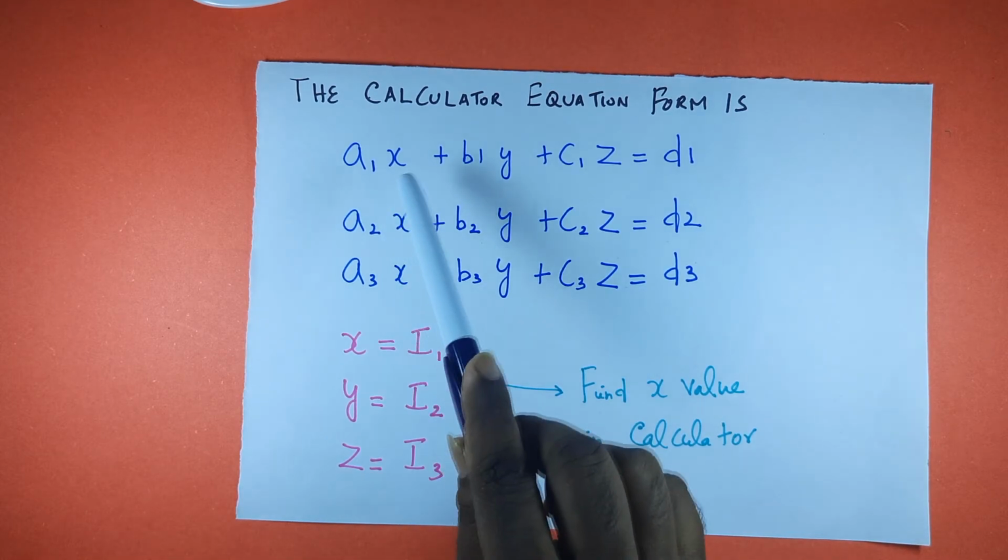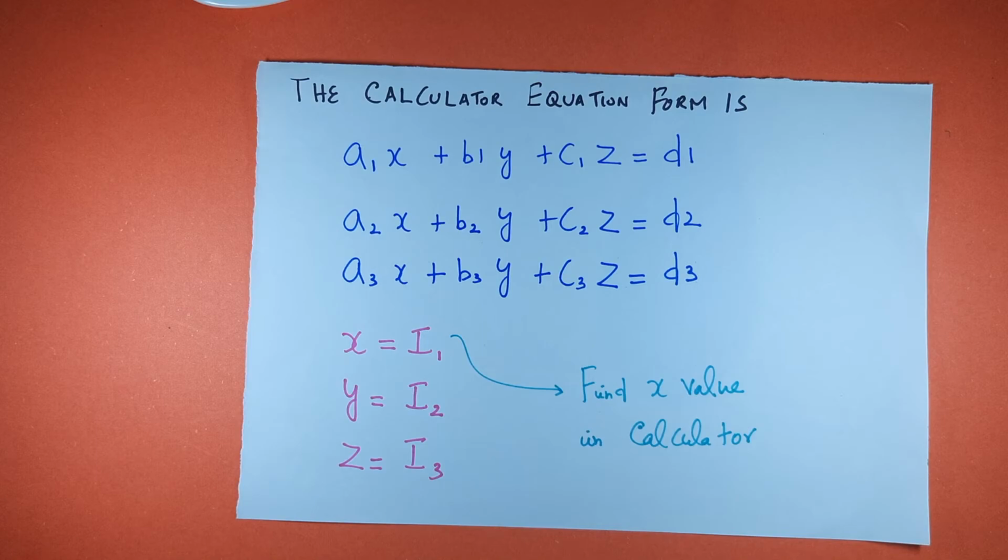Here x is nothing but I1, y is I2, z is I3. From the calculator operation, you have to find the x value. That is going to be I1, the current flowing through the 10 ohm resistor. That is going to be your answer.